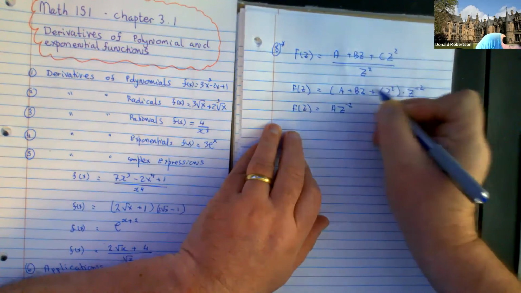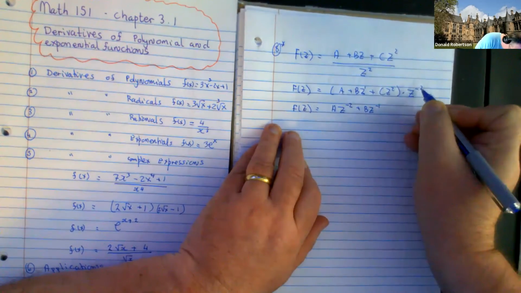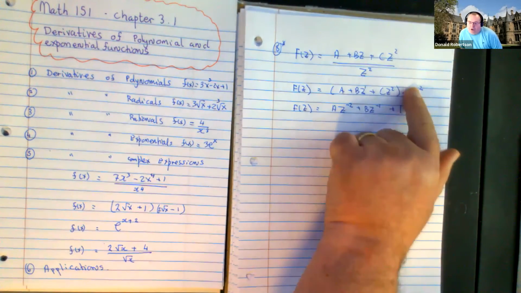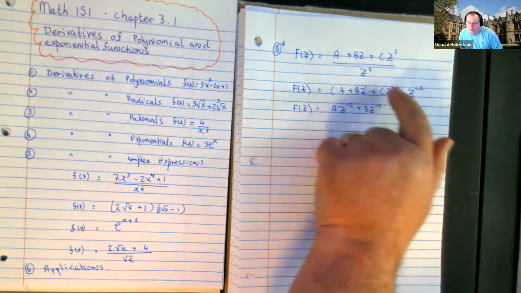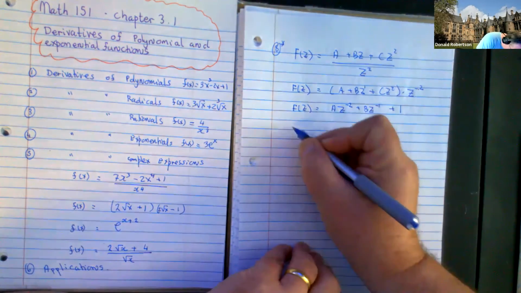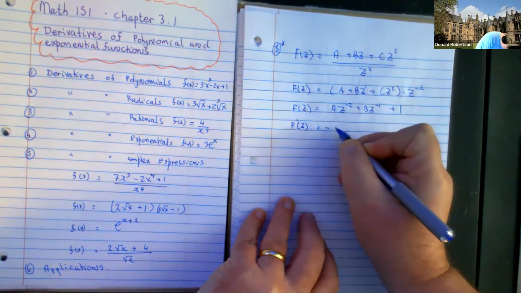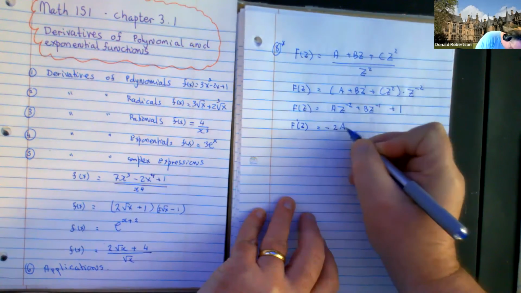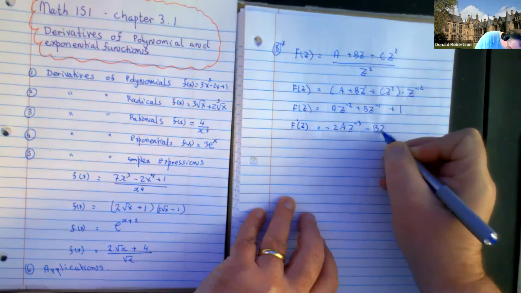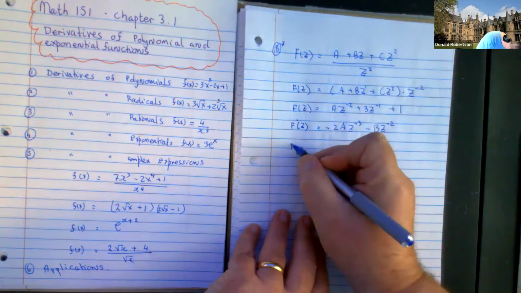This guy times this guy gets you a -1, and this guy times this guy essentially gets you 1, because z to the 0 is 1. And I'm using the rule that when you multiply powers of z together, you just add the powers, the exponents. Now I can differentiate. -2a, right? So multiply by the power, reduce the power by 1. Multiply by the power, reduce the power by 1, and numbers get you nothing. And to finish, style points.